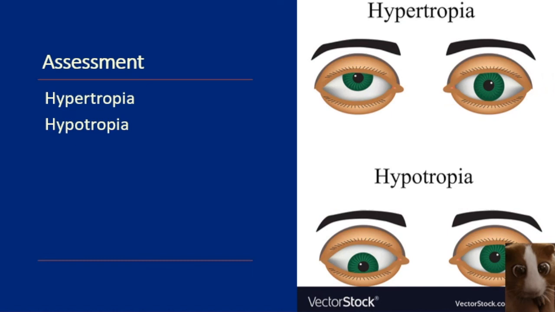Then you also have the terms hypertropia and hypotropia. Hypertropia is characterized by the upward deviation of the visual axis of one eye, sometimes called sunrise eyes. Hypotropia is the downward deviation of the eyes, oftentimes referred to as sunset eyes.